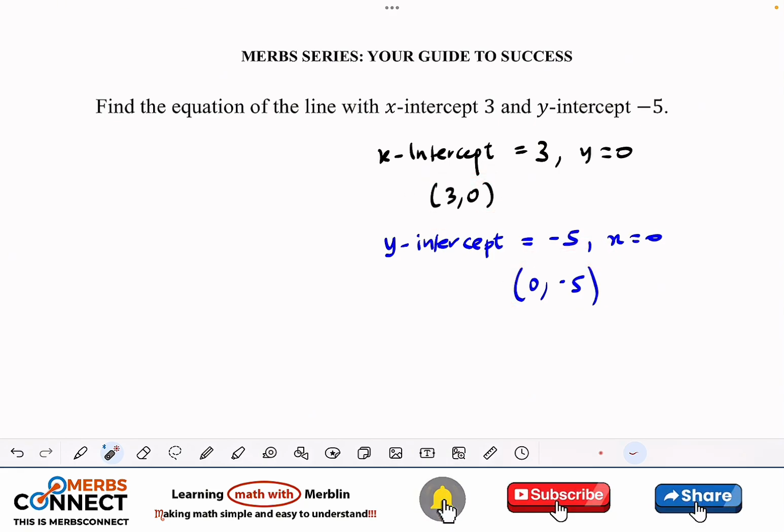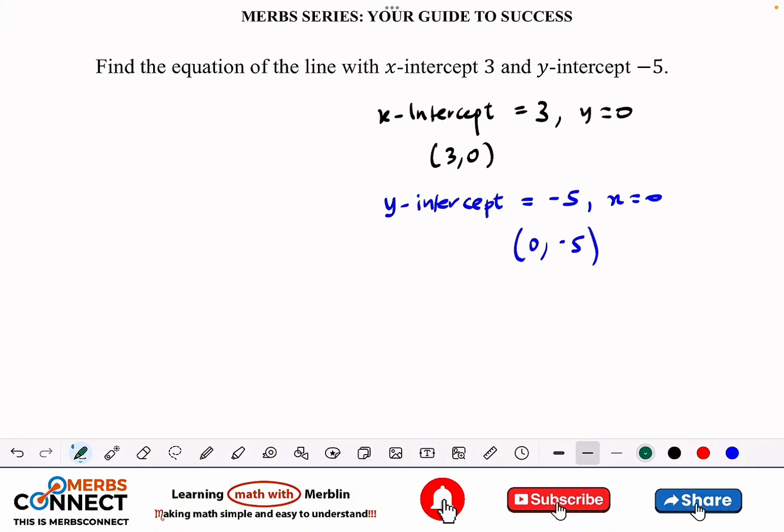Now, the second thing that we need to think about is, what is the formula for finding the equation of the line? Okay, so we know that the equation of the line is y minus y1 is equal to the slope times x minus x1. Good, you remember that, which is very nice.